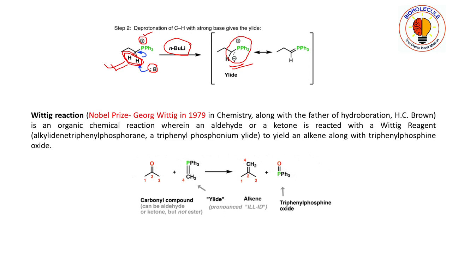Now this negative charge over here can undergo resonance with the phosphorus atom, as we know that phosphorus shows hypervalency. Now what do we mean by hypervalency? Some atoms go beyond their valency. That is, phosphorus has a valency of 3, but it can show a valency of 5.